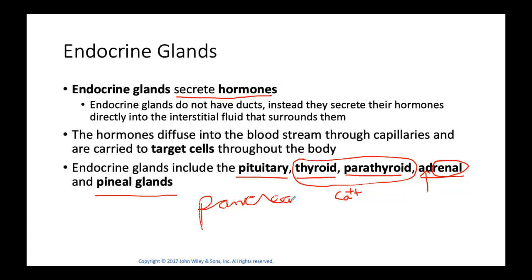The pancreas is considered a mixed gland because it has an endocrine portion, which involves insulin and glucagon, and we know that those are going to be regulating sugar and glucose balance throughout the body. And then we have an exocrine portion, which are called acinar cells, which involve digestive enzymes. So it's considered a mixed gland.